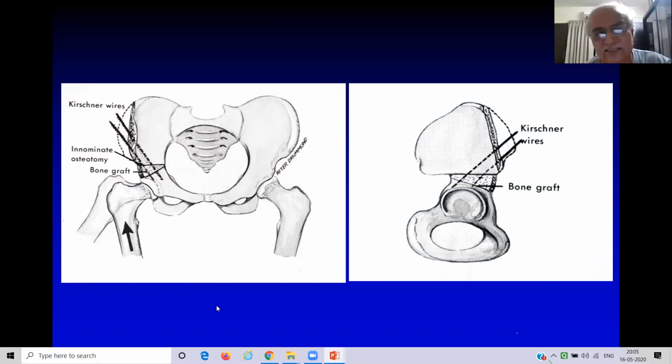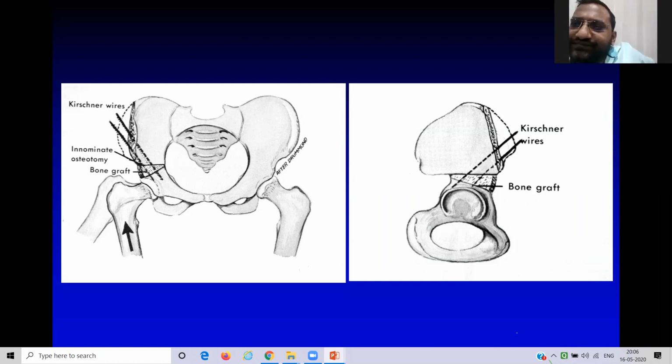One trick in this: sometimes the osteotomy does not open. What you should do in slightly older children is take the operated hip in abduction and external rotation, flex the knee and put the foot on the opposite side of the knee.